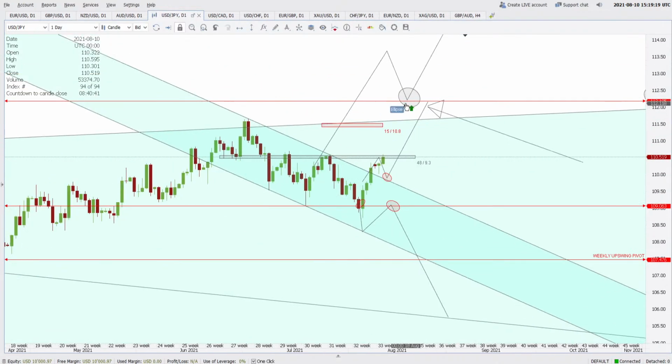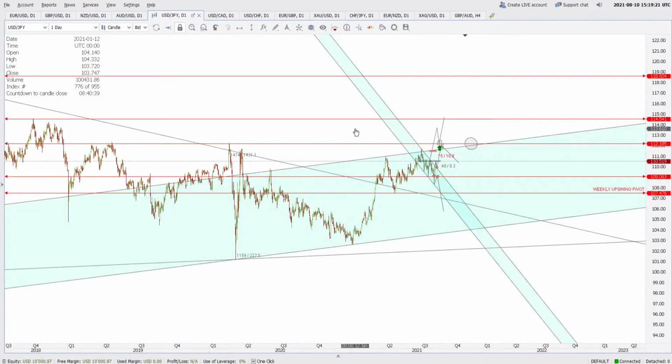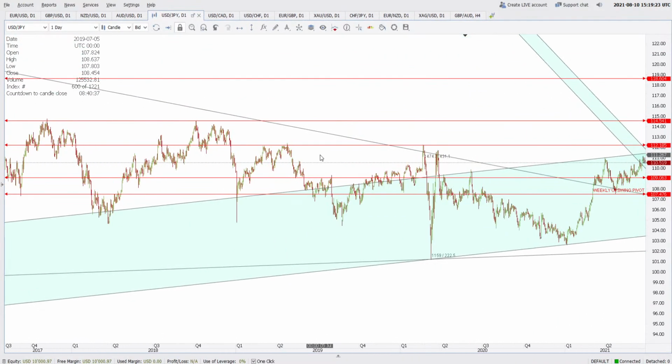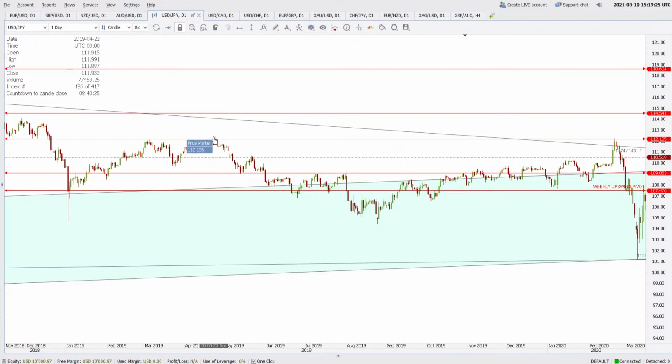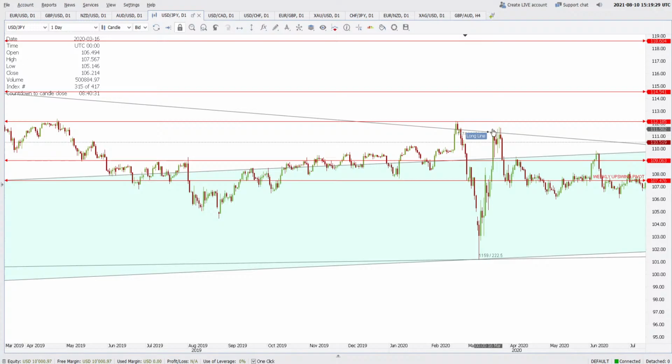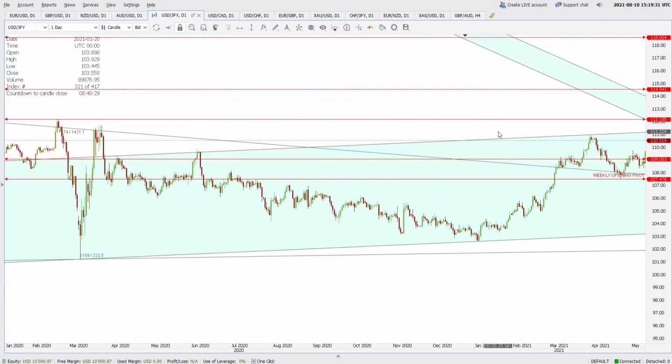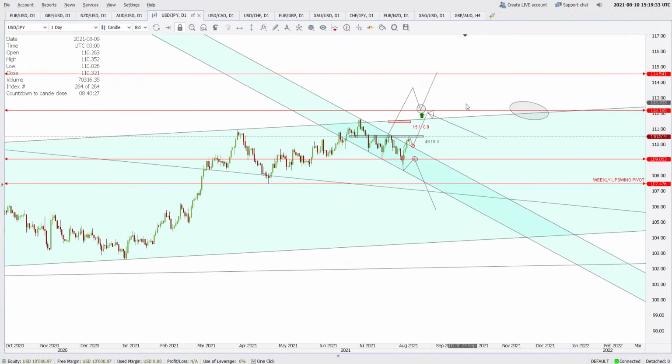After that, 112.18 is a big horizontal resistance for the price. You see how this level has been a very good resistance for the price, here, here and here, three times. So yeah, not so good to buy, but if you find an opportunity after it breaks above and comes back to test it as fresh support, that will be your chance to buy this pair. Now sit on the sidelines, enjoy the show.